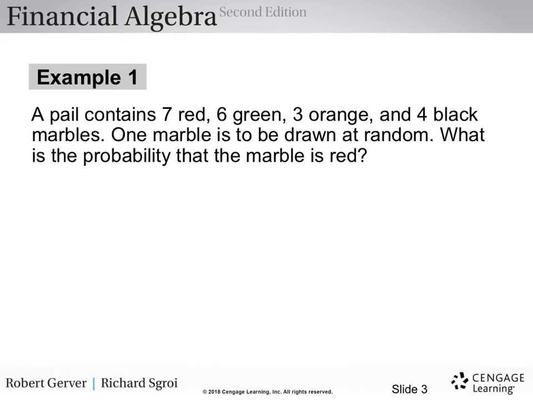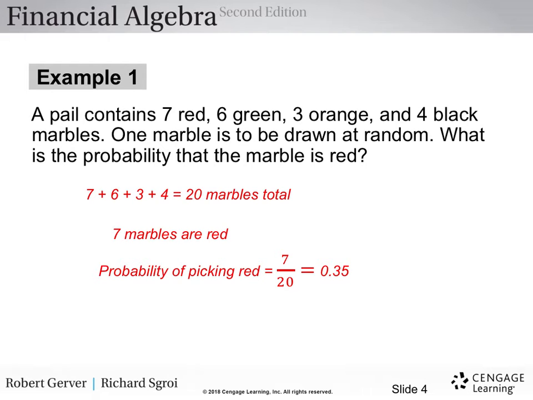So let's look at our example number 1. A pail contains 7 red, 6 green, 3 orange, and 4 black marbles. 1 marble is to be drawn at random. What is the probability that the marble is red? If we add up all the marbles, we end up with 7 plus 6 plus 3 plus 4.